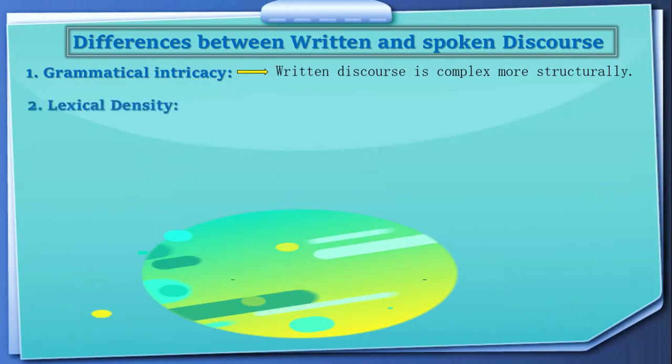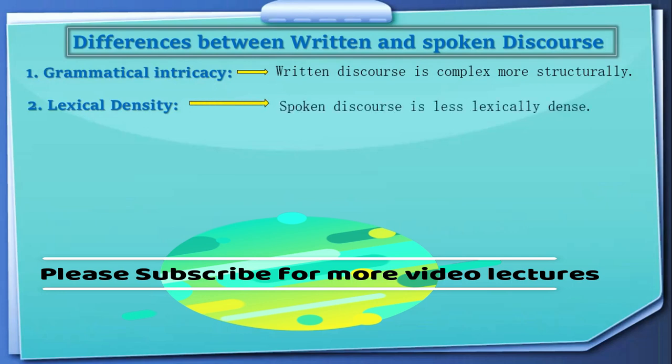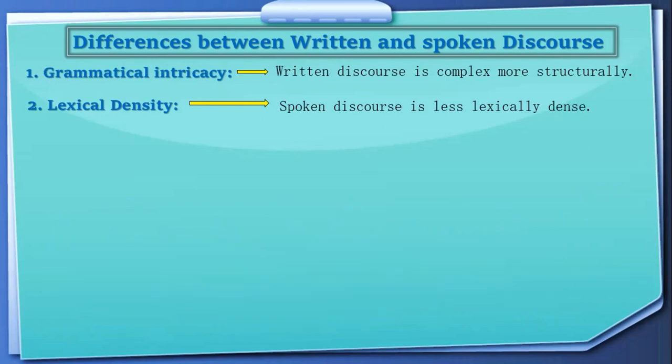Number two, lexical density, which means how many words are used. Spoken discourse is less lexically dense because we usually use fewer words in our spoken discourse than in the written one.